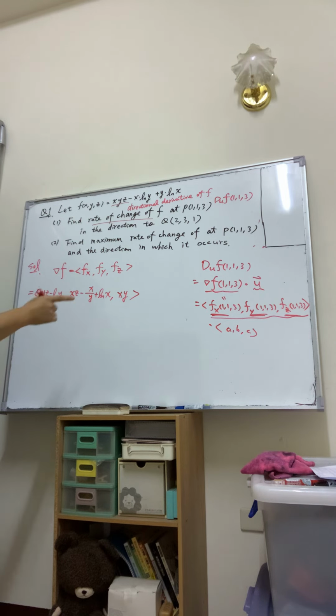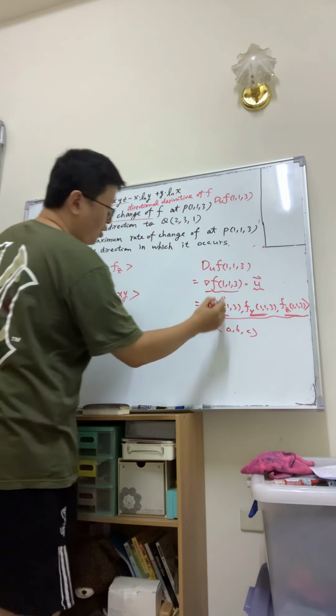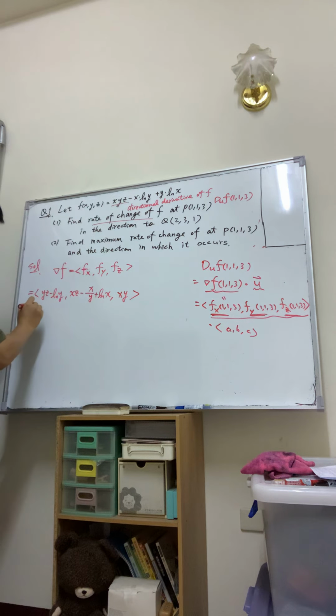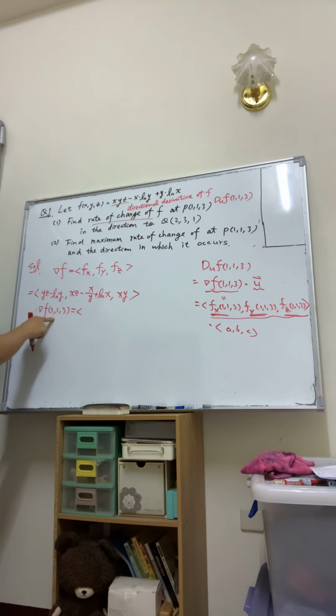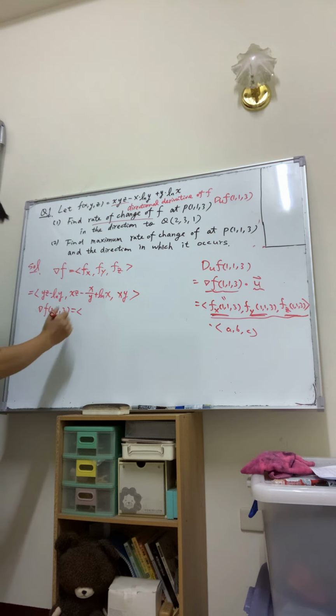Okay, and the gradient f is this one, and we want to know gradient f of (1,1,3). So we could solve it now, just plug in the values. 1 times 3 is 3, subtract natural log of 1, which is 0, so just 3.